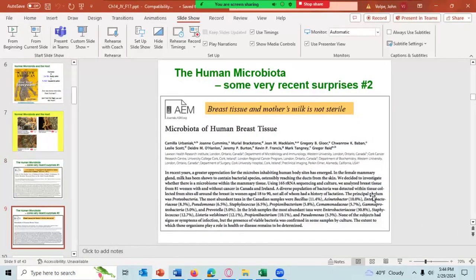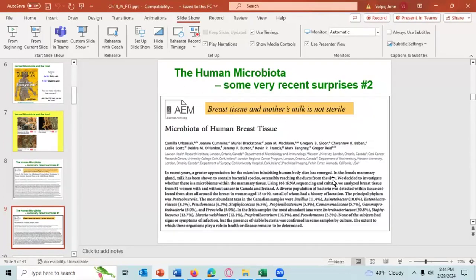Another case which is kind of odd is that the mother's milk is not sterile. Mother's milk, even if you take it out of the breast directly, has a normal microbiota in it. There is bacteria in the milk inside of the mother.